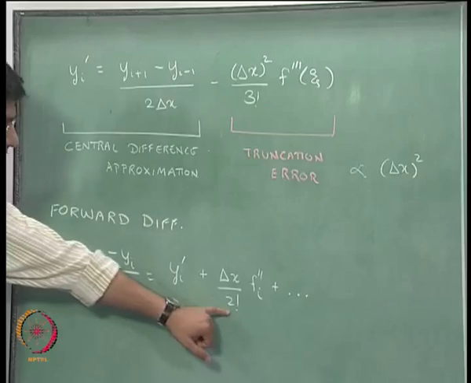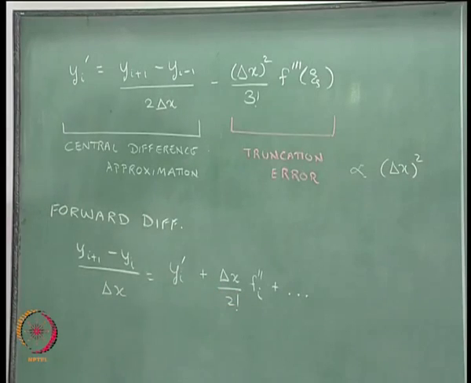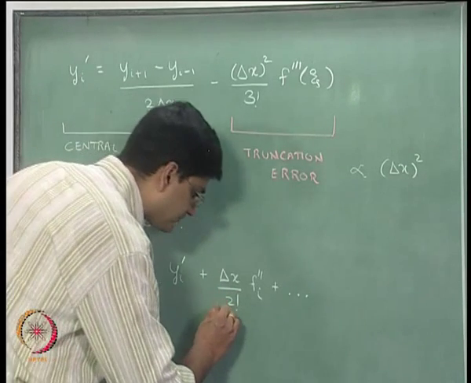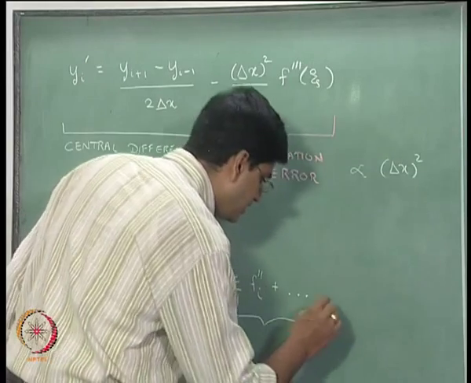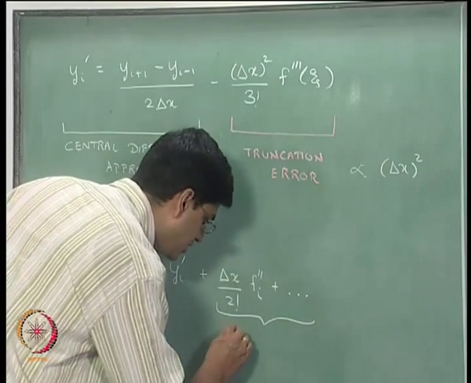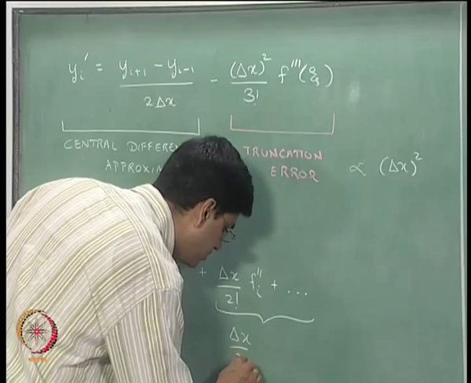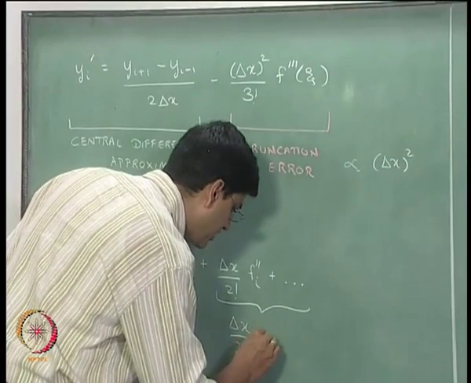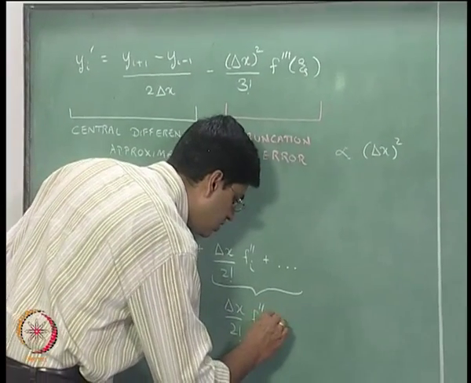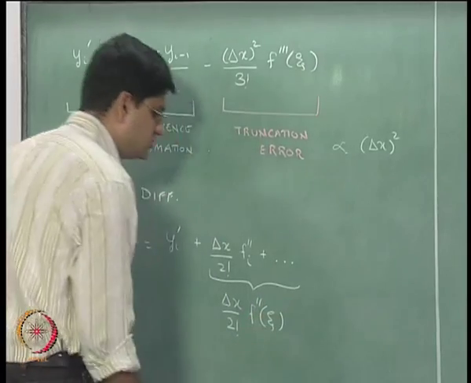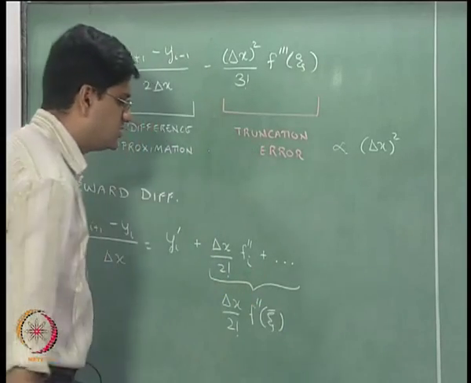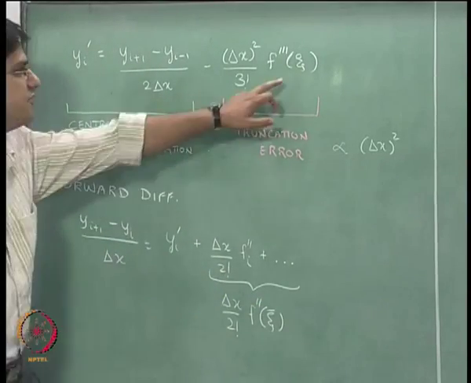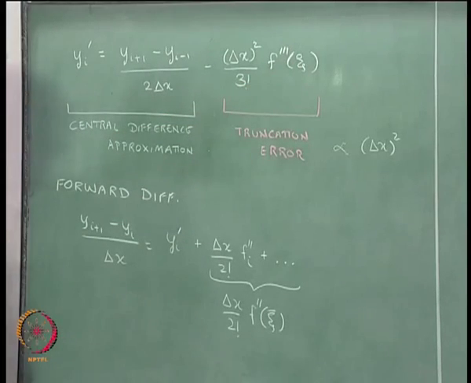This is the leading term over here, and again applying the mean value theorem, this term will become delta x divided by 2 factorial f double dash of some other value zeta. We will just call it zeta bar because this zeta may be different from the previous zeta.